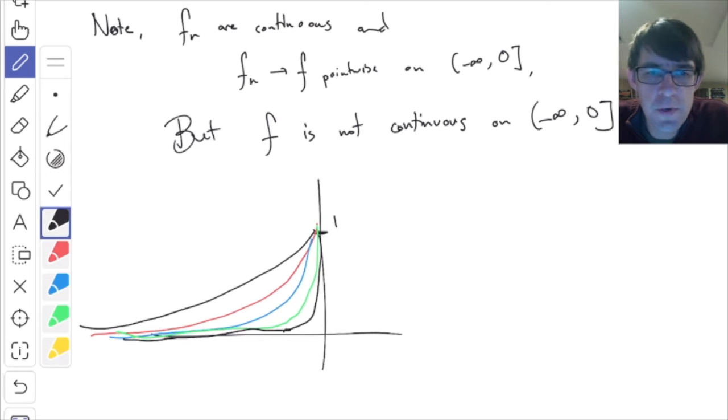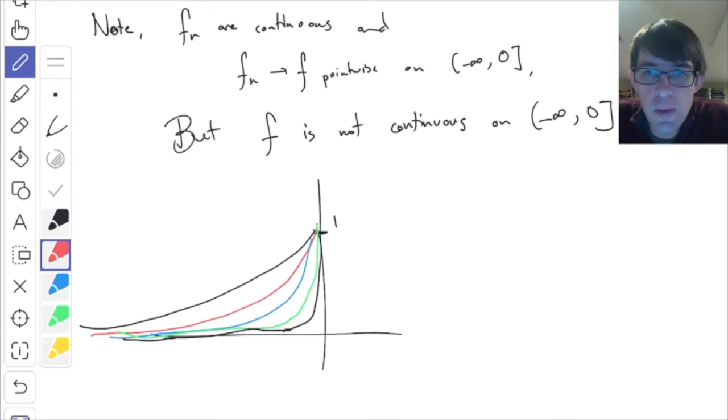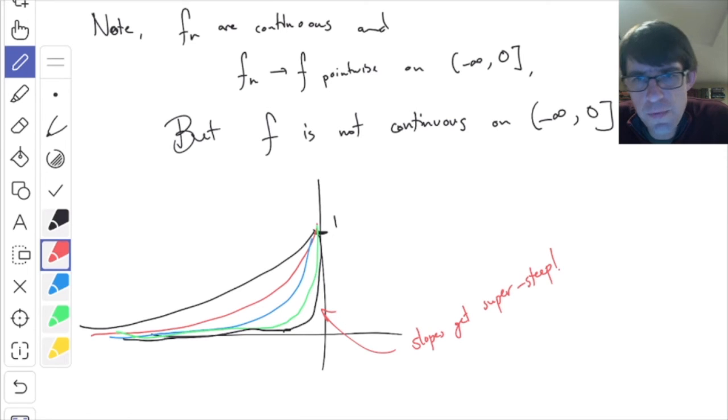If you look at these functions, you will notice they get super steep right around this point here, right? They do converge, but the slopes get super steep, super duper steep even. Can you believe that? The slopes get super steep as you increase the n as you're looking at the sequence of functions.